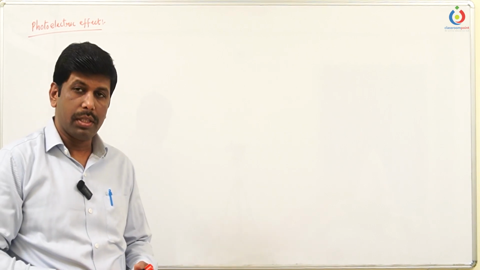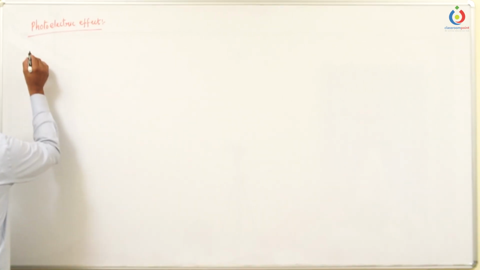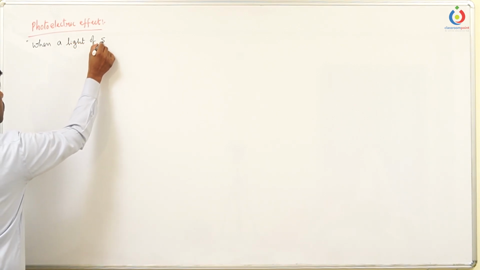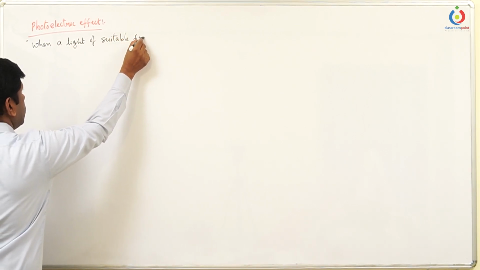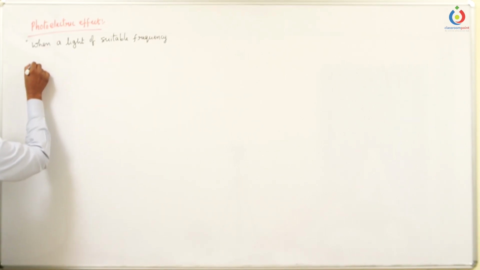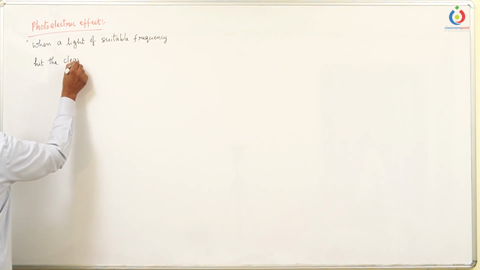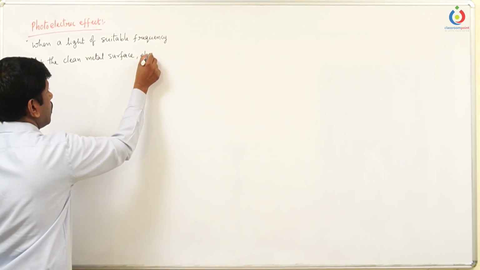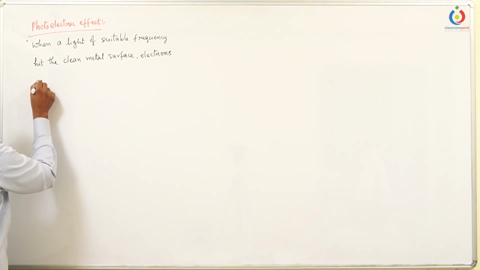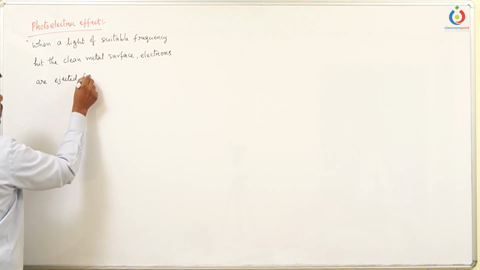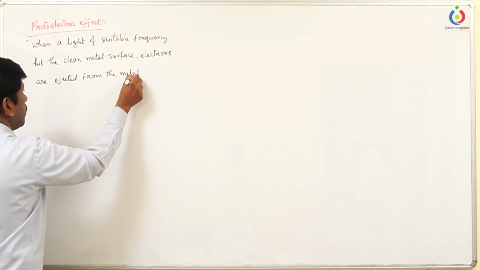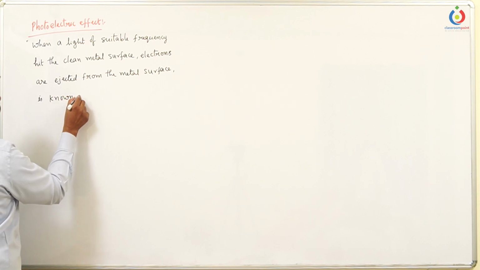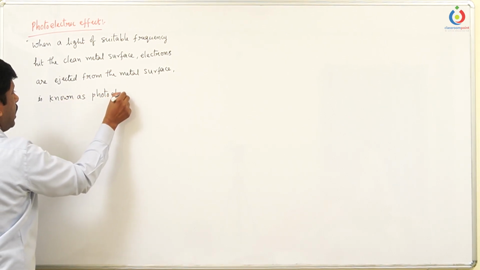So let's have the definition, then we shall see the experiment. Photoelectric effect means when a light of suitable frequency hits the clean metal surface, electrons are ejected from the metal surface is known as photoelectric effect.